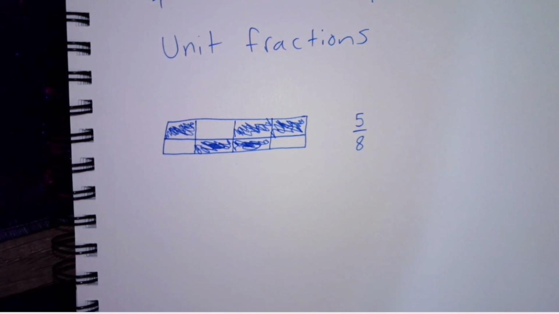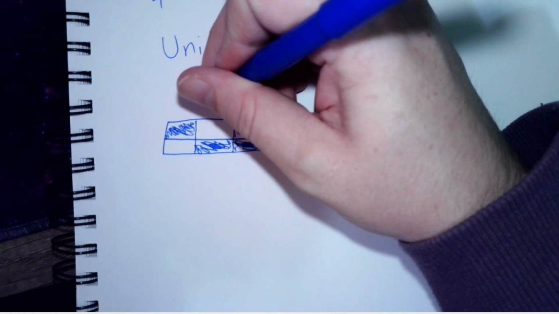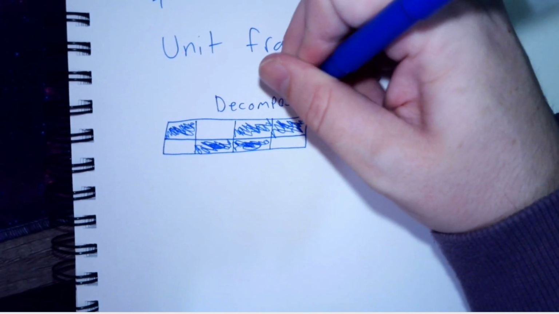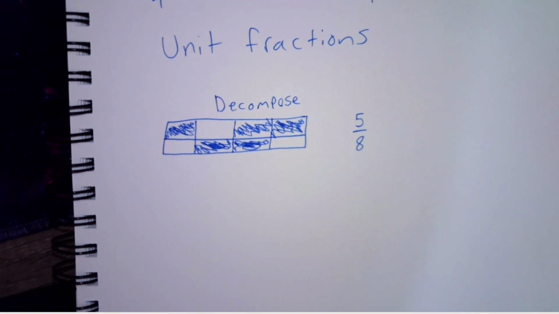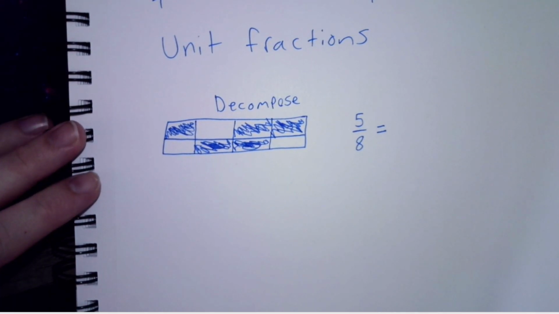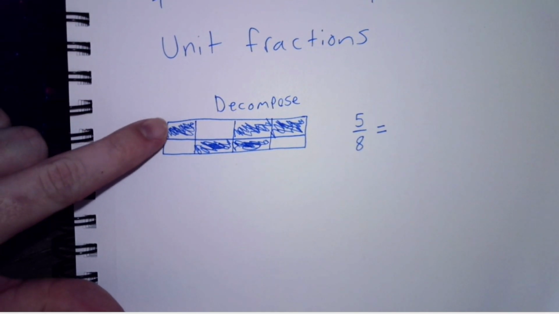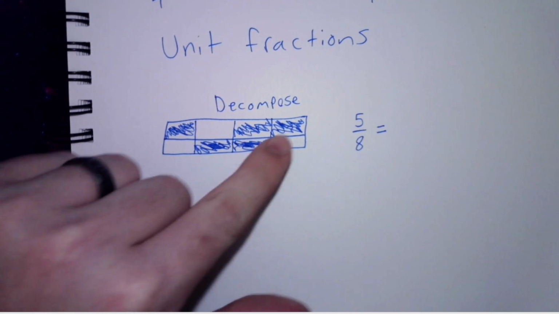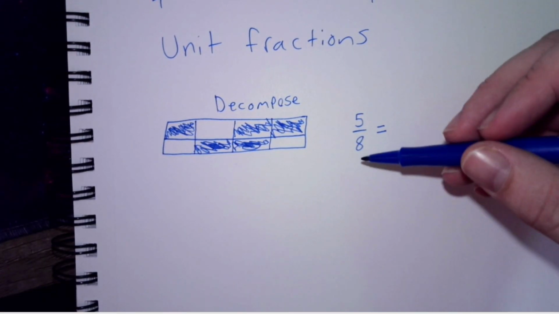Now, if we wanted to break that down, this time what we're doing is decomposing. We're about to decompose, so take apart 5/8. We're going to take apart 5/8 and put it into individual unit fractions. And we can do that by writing an equation. So we're going to put our equal sign. So if I wanted to say, okay, that's 1/8 plus 1/8 plus 1/8 plus 1/8 plus 1/8 gives me 5/8.